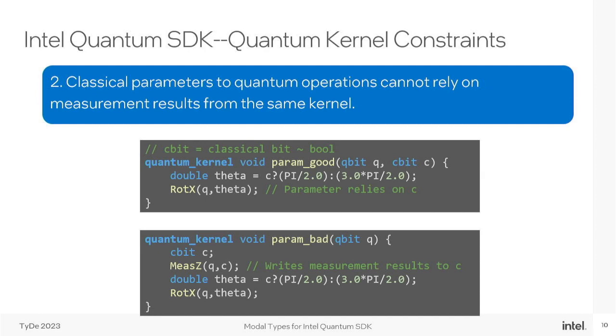So this kernel is actually impossible to compile to a single quantum basic block because the value of theta can't be computed on the quantum device itself, right? Unfortunately, the Intel SDK doesn't currently have a way to check this dependency. So it won't even throw an error, actually. It'll simply behave incorrectly. We just leave it to the programmer to try to avoid this.